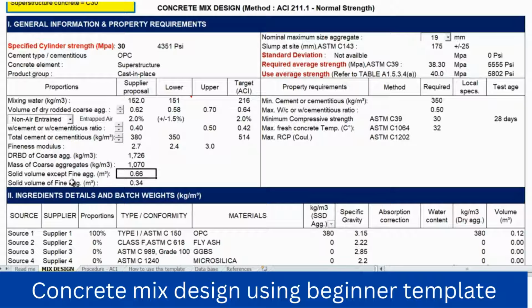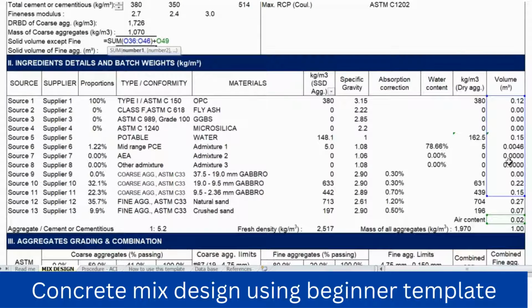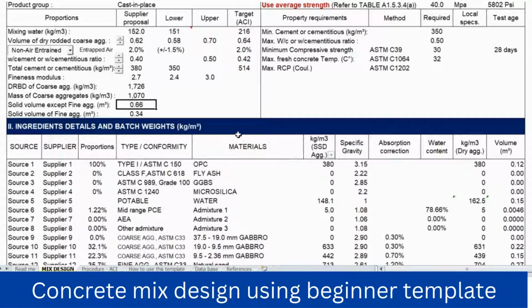Next, solid volume of material except for the fine aggregate. So this is very simple. We just need the sum of all this value, like the cement, the cementitious material, the water, admixture, and the volume of air content, and you will get the 0.66 solid volume except for the sand.